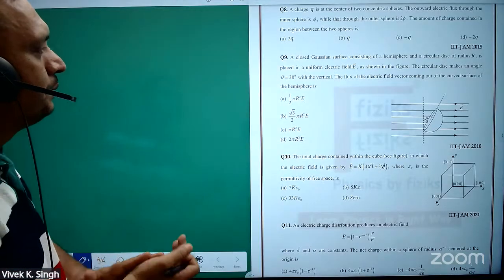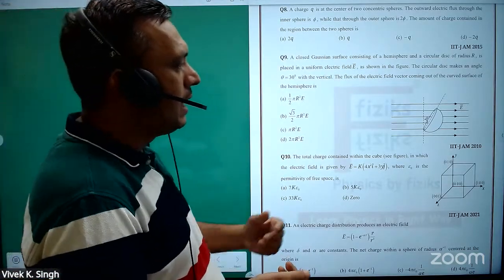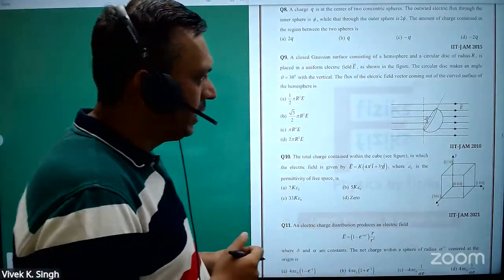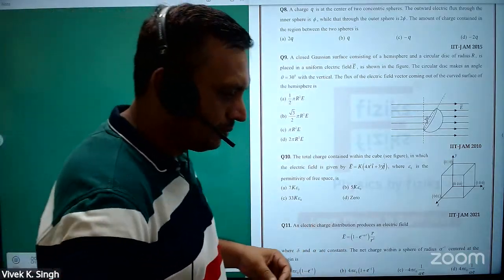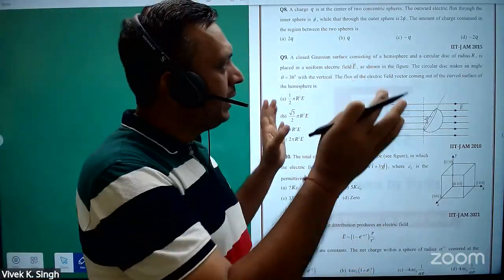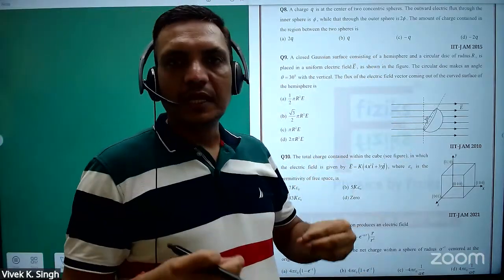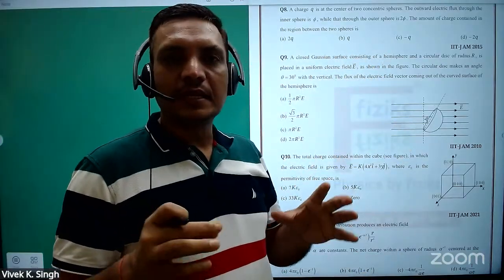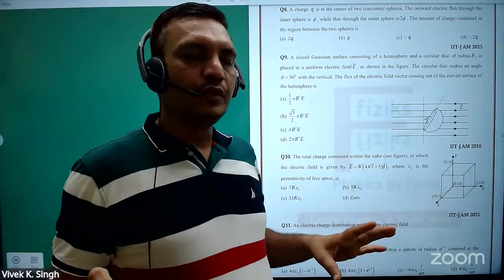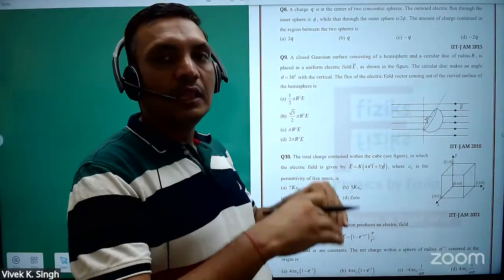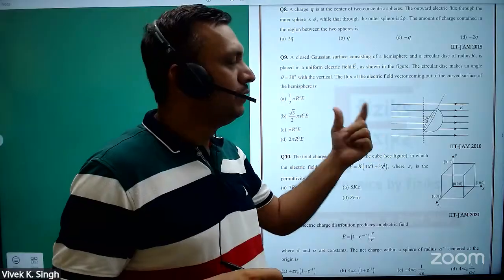Again, it was asked in IIT-JAM 2010. It's for practice, because we have combined all the exams, whether it is IIT-JAM, NET, JEST, GATE, CUET, for all the questions related to flux.